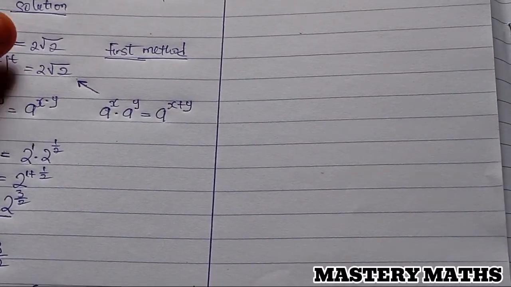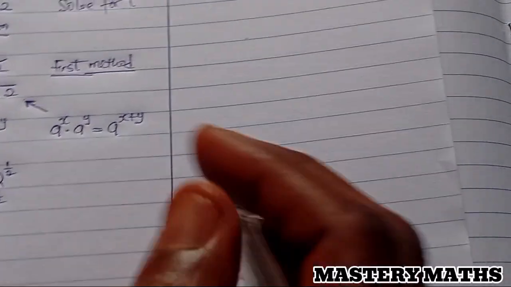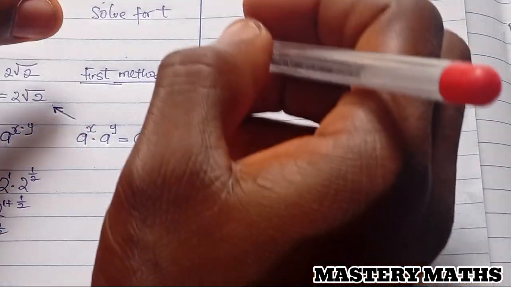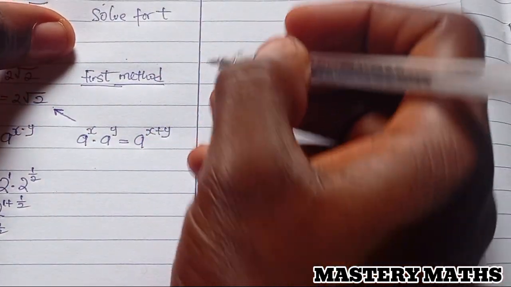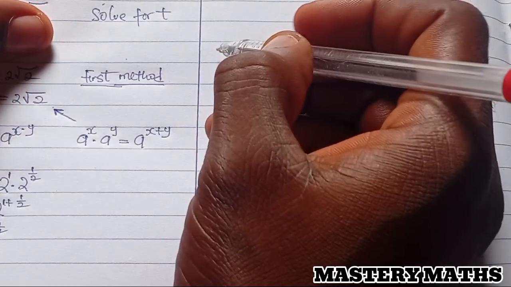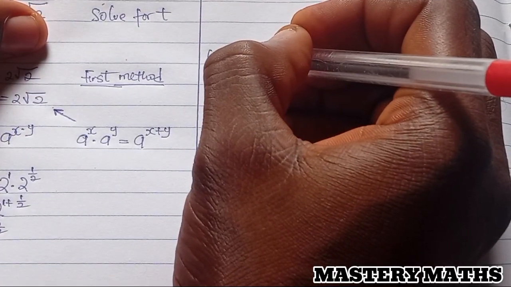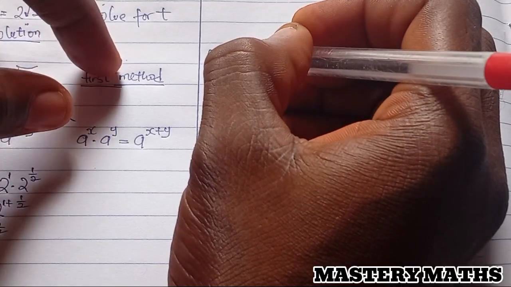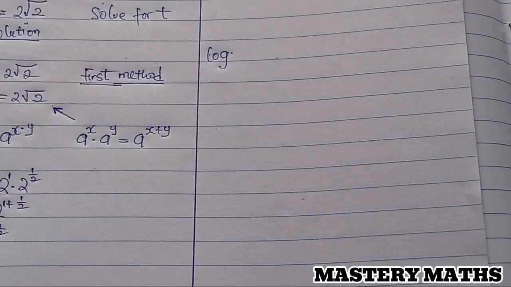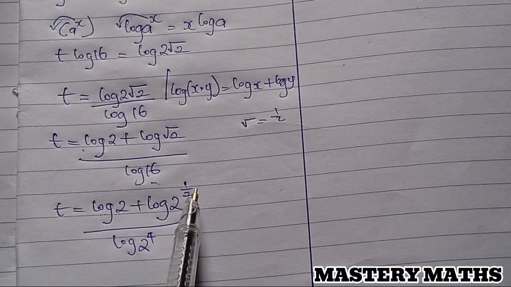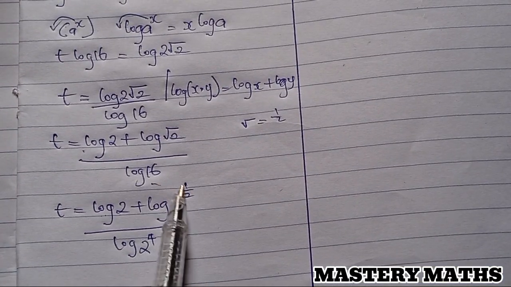The common factor here is log 2. But before we bring out the common factor, we have a power, which we need to deal with. Like I told you, whenever you have a power, the power comes to the front.